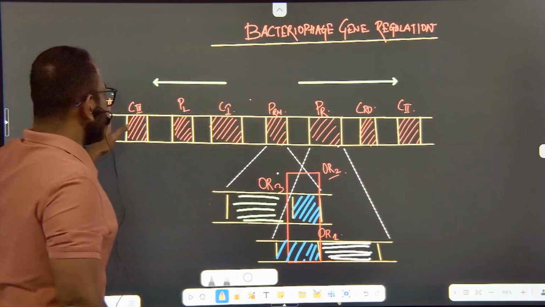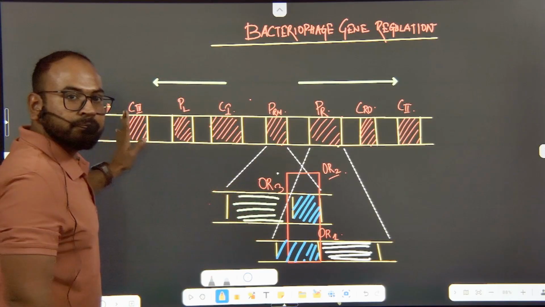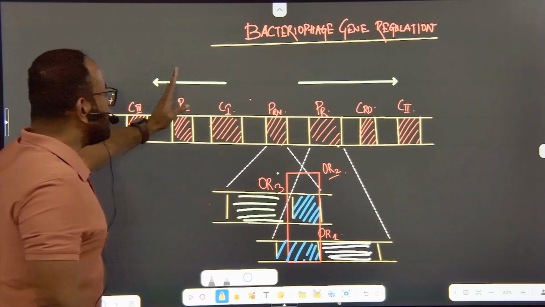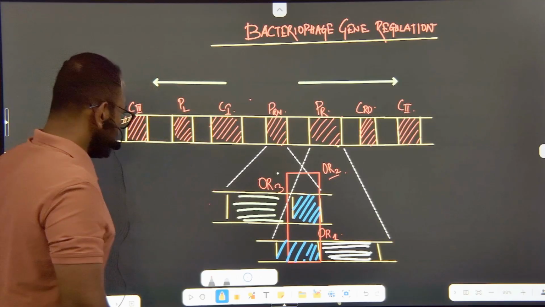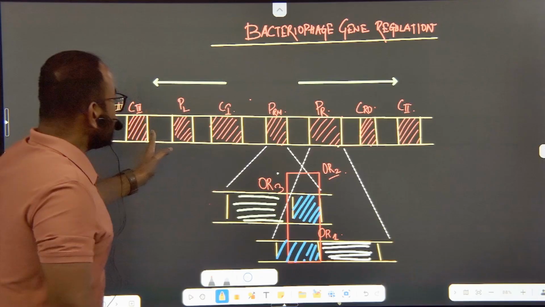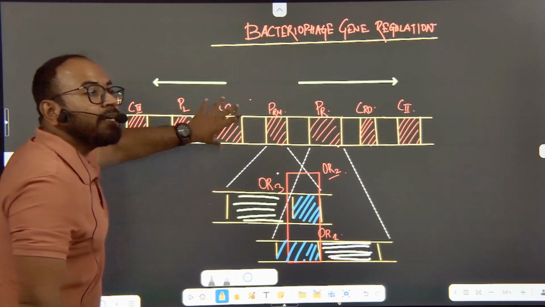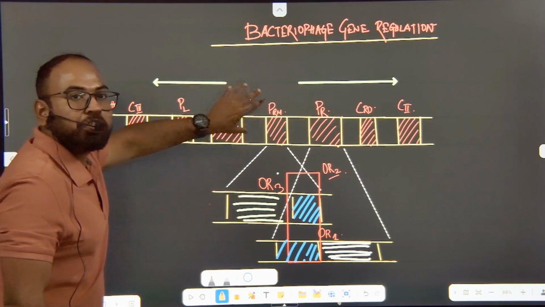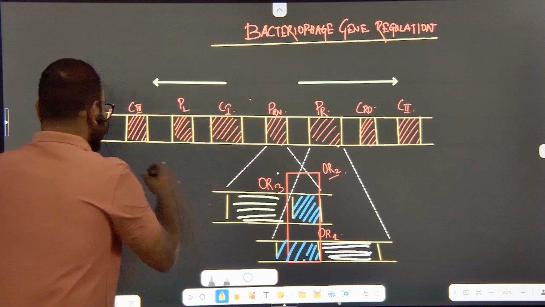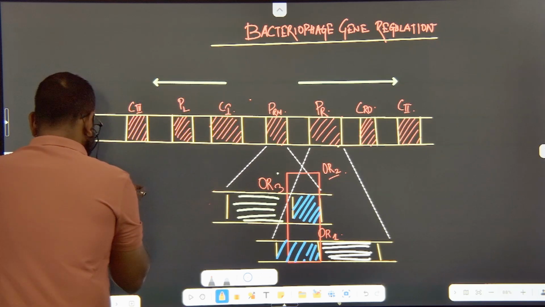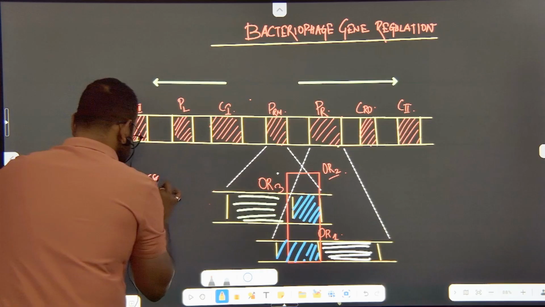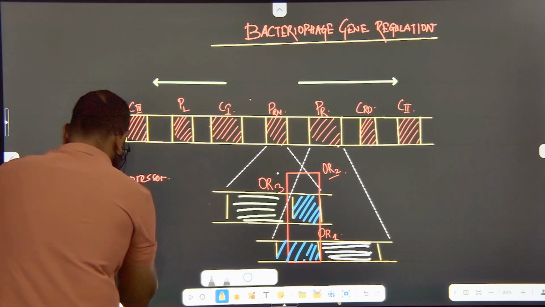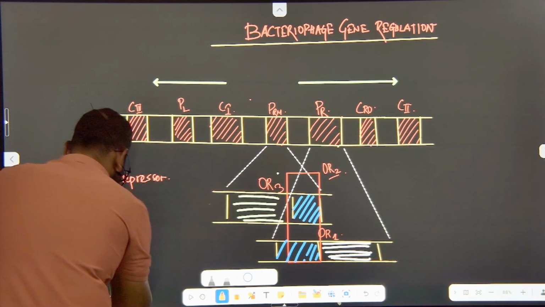So it starts with C3. Then comes PL, that means promoter on the left hand side. Then comes a gene called C1, which is also known as lambda repressor, and which is associated with lysogeny.